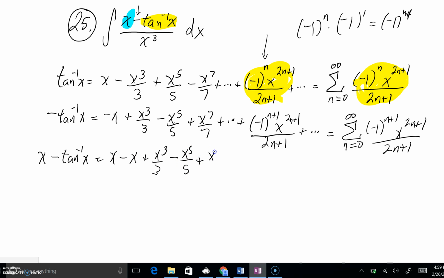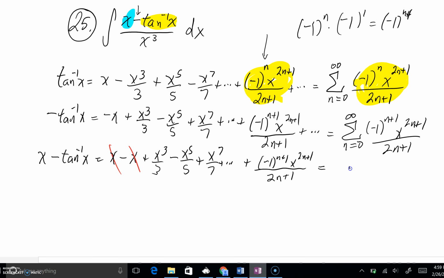Your x and your negative x out in front are going to get canceled out. Now, if you're really on your toes, you're going to say, now wait a minute, that means that I've officially lost my first term.